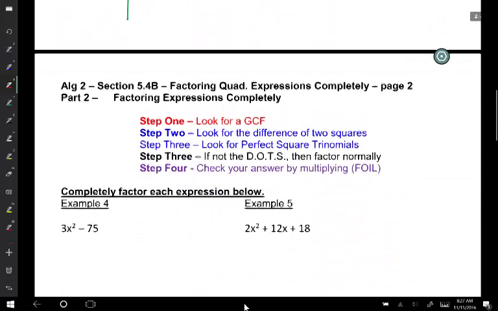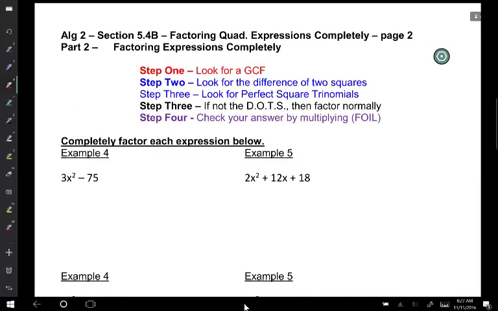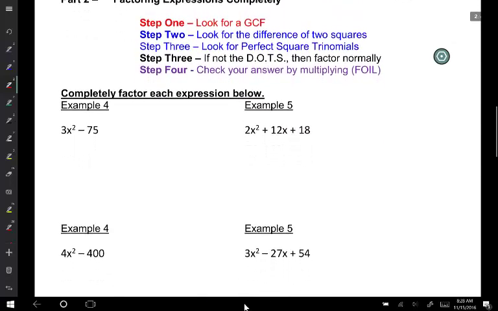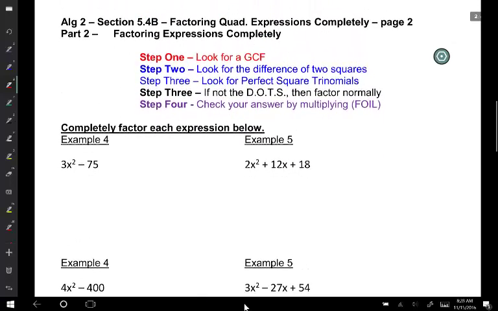So, all right, let's look down here at some factoring involving things we've done so far. I put some steps there. One first step that's going to make your life so much easier is always, always, always look to see if there's a GCF first. Then look to see if it's the difference of two squares. Then look to see if it's a perfect square trinomial.